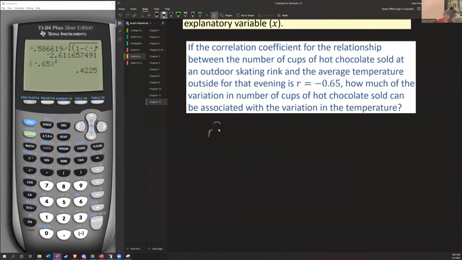And this tells me that R squared is 0.4225 or 42.25%. So that means approximately 42.25% of the variation in the number of cups sold can be associated with our variation in the temperature. Okay.